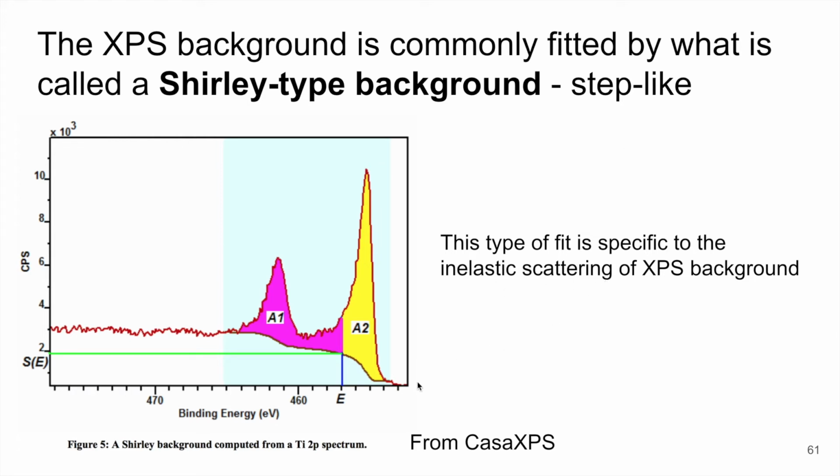This is an example from a common software called CASA XPS, where it's showing this step function. If you're trying to use generic fitting software at home to fit XPS data, that's something you have to consider. You can't just use the standard fitting software. You've got to use Shirley-type.